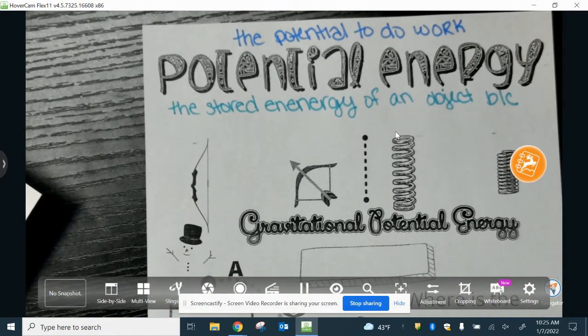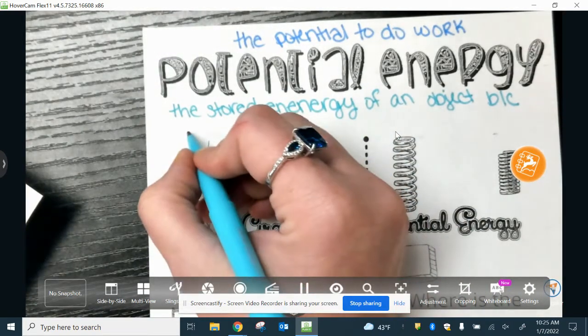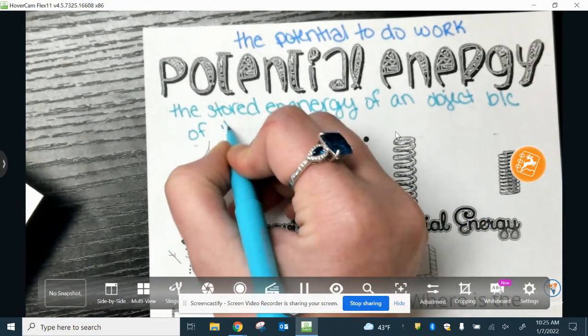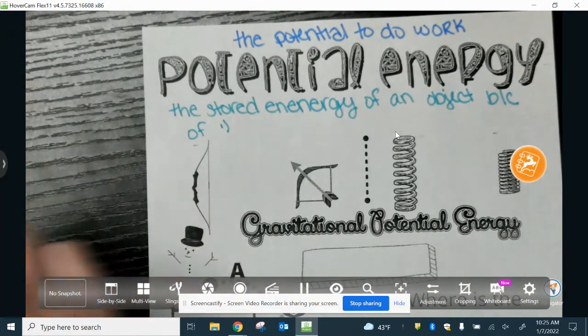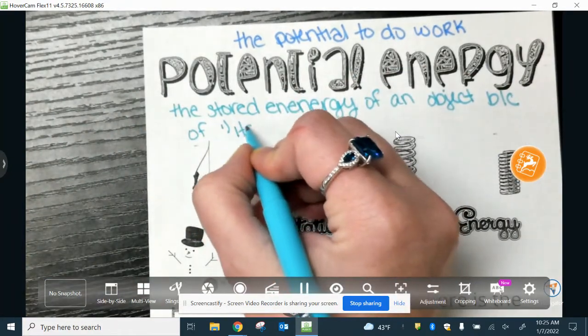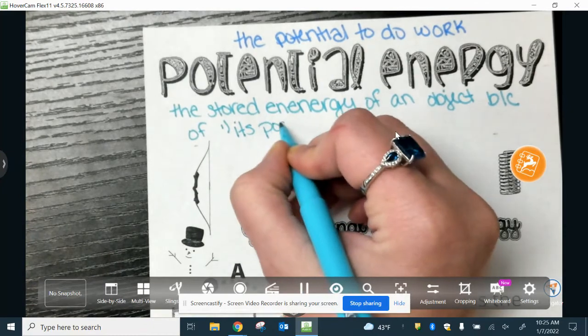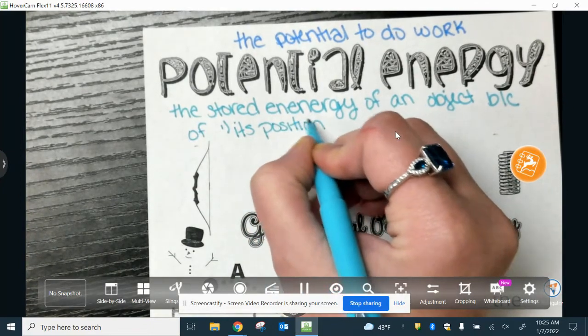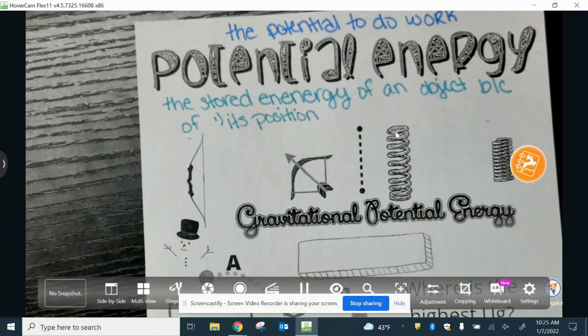Okay. The actual definition of potential energy is the stored energy of an object because of two different things. Its position, which is what we kind of did yesterday with that lab. So we studied the effect of moving its height around to see what effect that had.